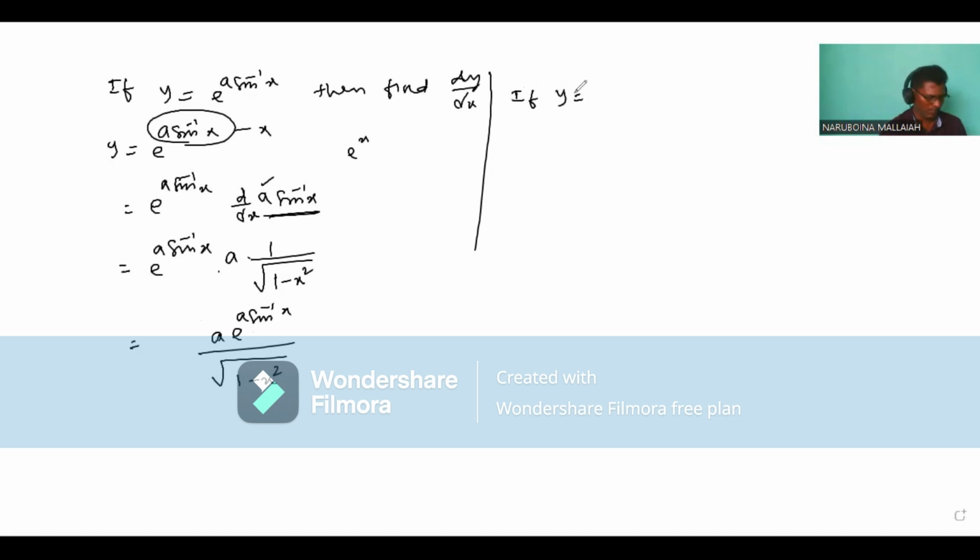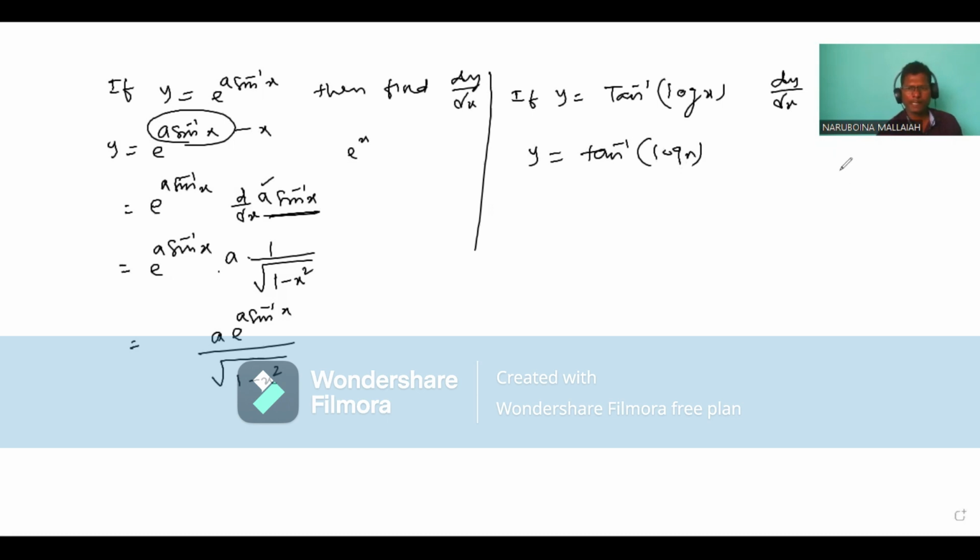If y is equal to tan inverse of log x, find dy by dx. So write the given function, y is equal to tan inverse of log x.